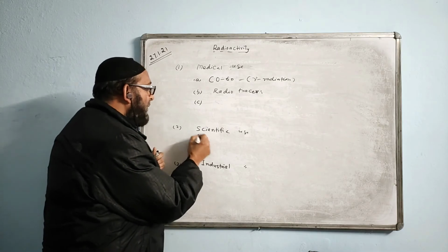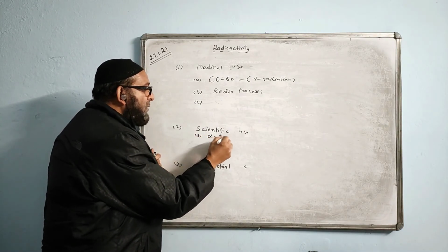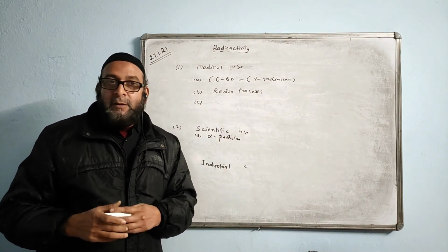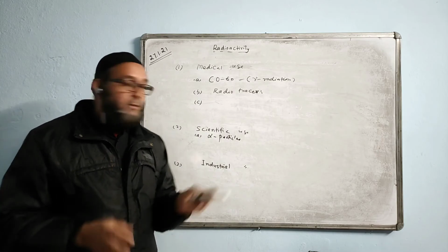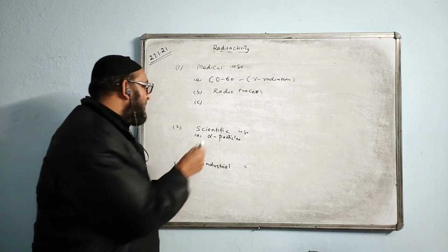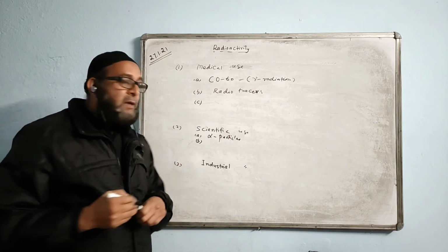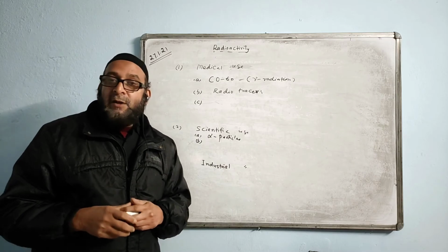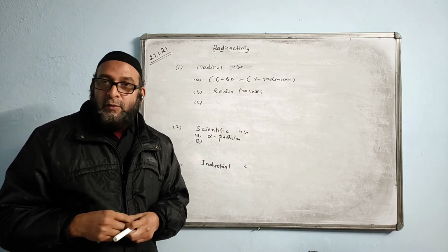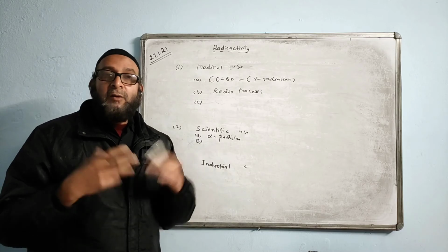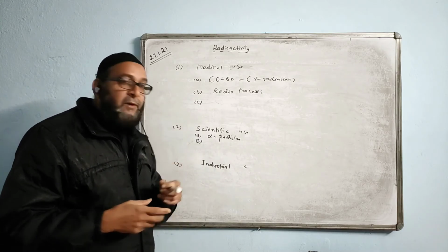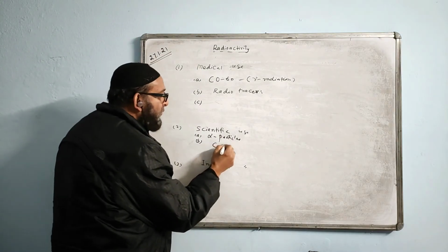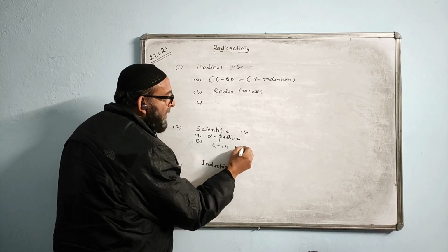Okay, now scientific use. Scientific use one is alpha particles. Alpha particles are used in the scattering experiment. The scientists do the scattering experiments with alpha particles. Now the second scientific use is to determine the age of trees and rocks. To determine the age of trees and rocks, we use beta radiations from the carbon 14 isotope.